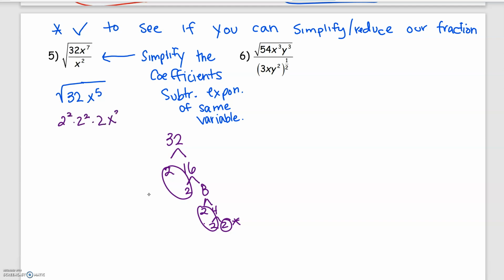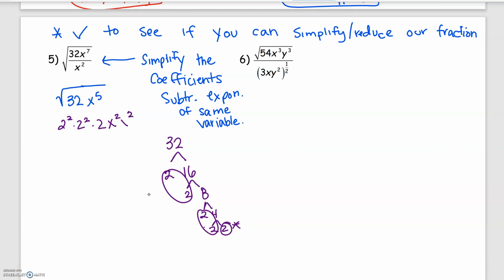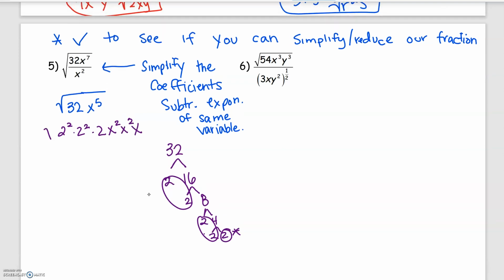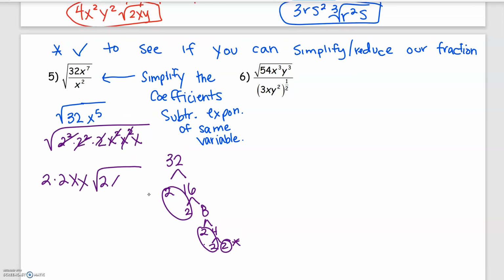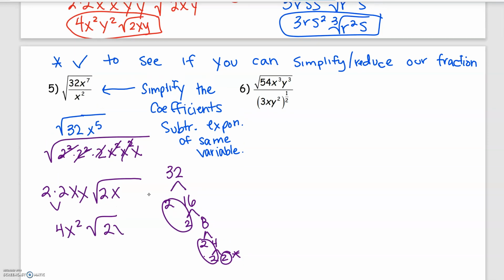And then x to the 2nd, x to the 2nd, and an x. And so square root, pull the 2 out, leave a 2 under, pull an x out, and leave that x under. And so 2 times 2, there is 4, and x squared, and 2x stays under.